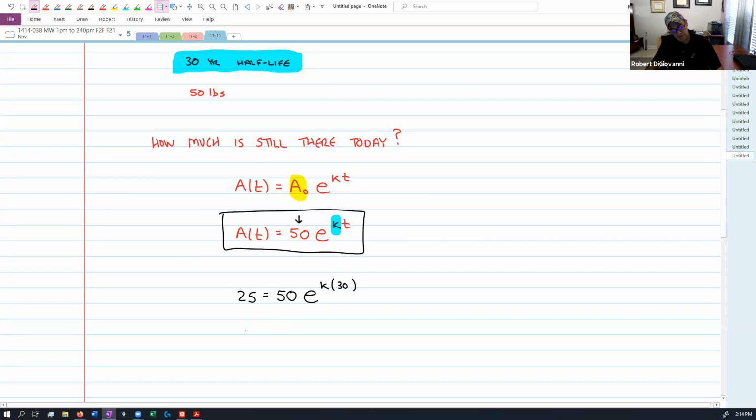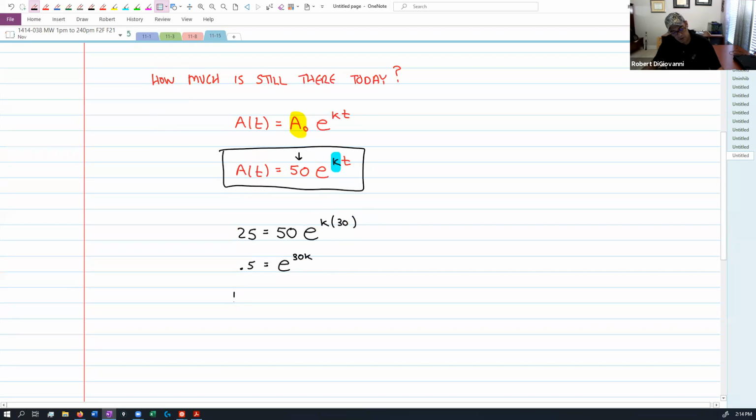So we divide both sides by 50, we get 0.5 equals e to the 30k. And now we do our little log. We've done this already so many times today. We get that log 0.5 on our calculator again. And I'm going to go ahead and divide both sides by 30.